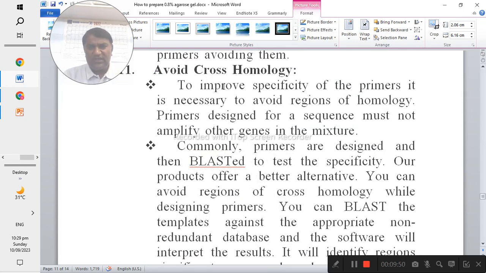The specificity of the primers requires avoiding regions of homology. So these are the steps. Commonly, these primers are designed and then blasted to test their specificity, which offers a better alternative.